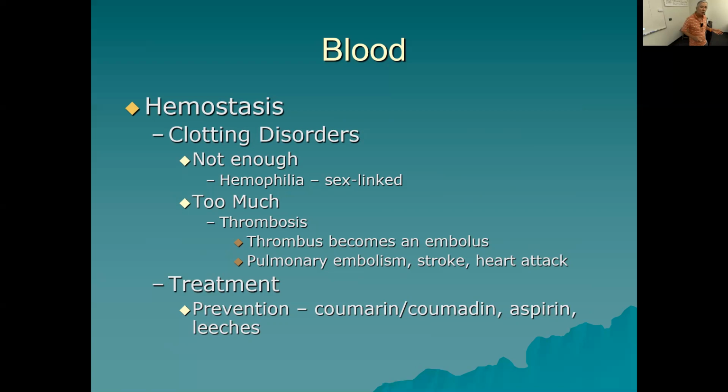That's how they can suck blood, and they're sometimes used in reattaching fingers because they suck up the blood that's leaking out. You can dissolve clots with something called kinase, which is a bacterial protein, or tissue plasminogen activator, which initiates plasmin, which dissolves clots.